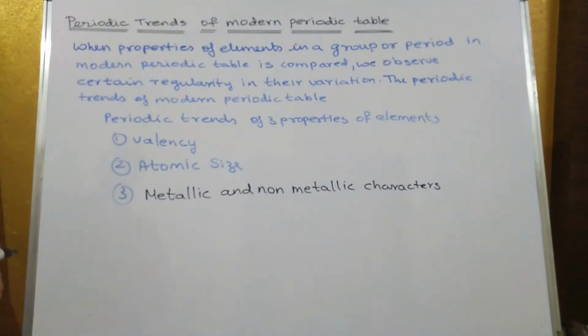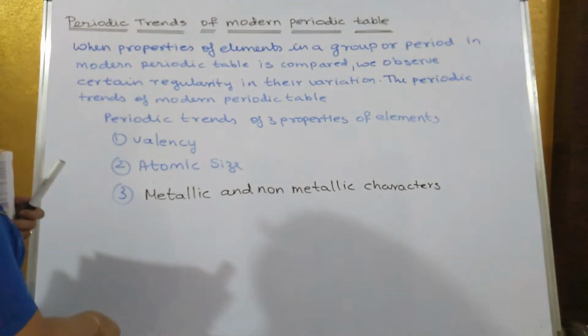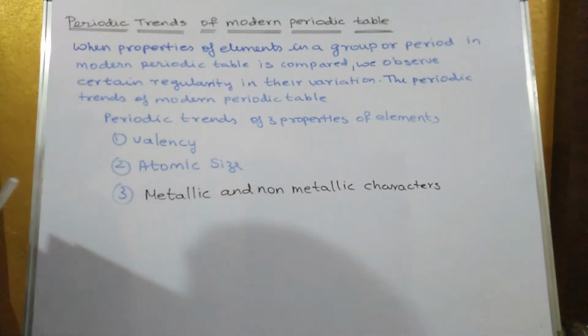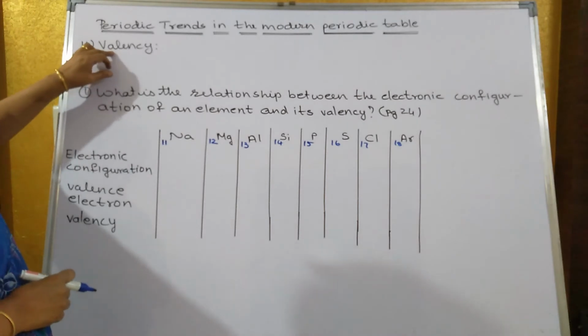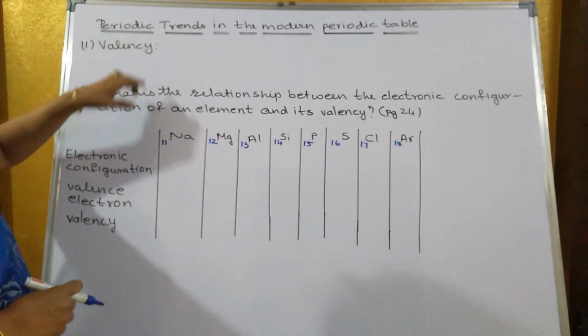Now we will study about the valency. Next I will explain about the valency. What variation, what regularity in the variation can be observed in the valency? Now the first property which shows a periodic trend is valency. What is valency?